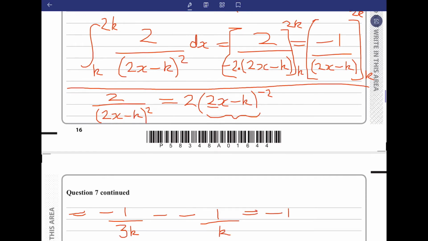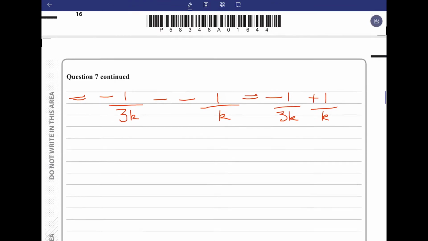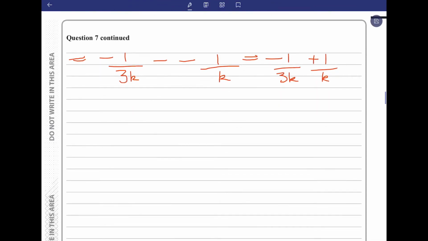So we've got minus 1 over 3k plus 1 over k. Let's check I've got this right. Yep. So now in order to add fractions like this, we need to get the second term having the same denominator. So this is equal to minus 1 over 3k plus 3 over 3k, which equals 2 over 3k.